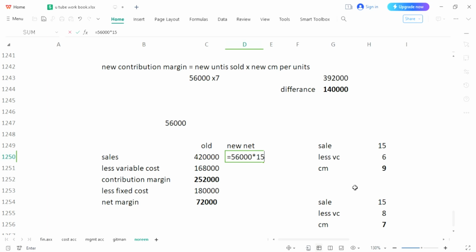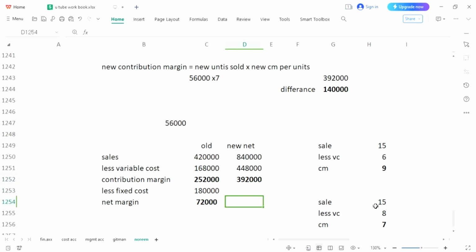Sale price was not changed, so new variable cost would be calculated as 56,000 multiplied by the new variable cost, which is 8. Now you can calculate your contribution margin, which is the difference between sales and variable cost. Sale was 840,000 and variable cost was 448,000, so that is your new contribution margin.